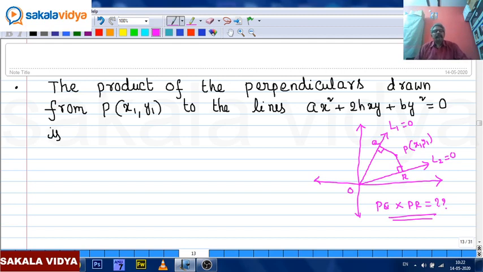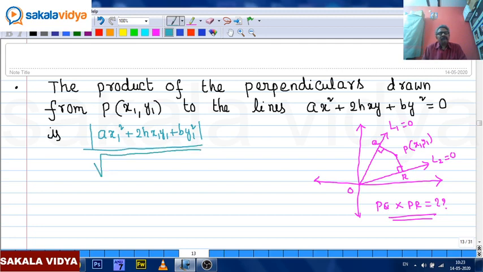Right. The product of the perpendiculars drawn from P (x1, y1) to the lines ax square plus 2hxy plus by square is equal to 0 is mod of (ax1 square plus 2hx1y1 plus by1 square) by root of ((a minus b) whole square plus 4h square).